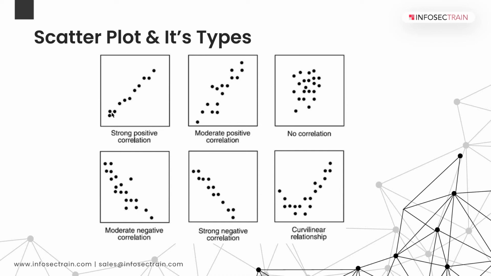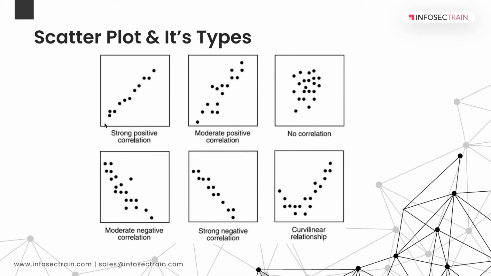Here you will see the data points are very close to each other, meaning there is no variance, no scatterness present in the numeric data. So you can say that this is a strong positive correlation.